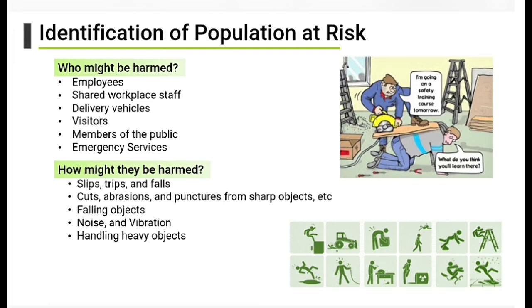Understanding how they might be harmed is also crucial, including potential risks such as slips, trips, and falls, injuries from cuts, abrasions, or punctures caused by sharp objects, falling objects, exposure to noise and vibration, and the hazards associated with handling heavy objects. This assessment helps to pinpoint the specific risks facing each group within the workplace.